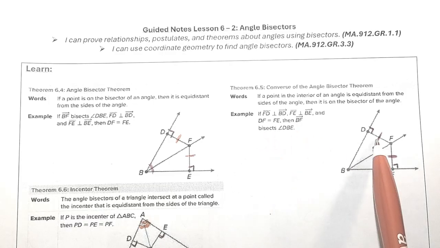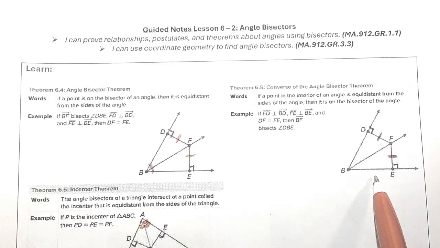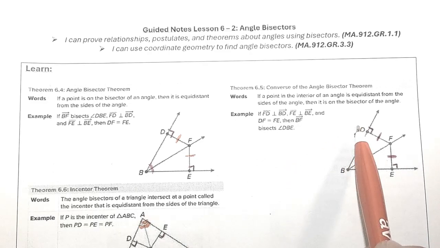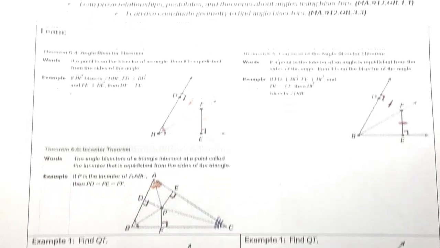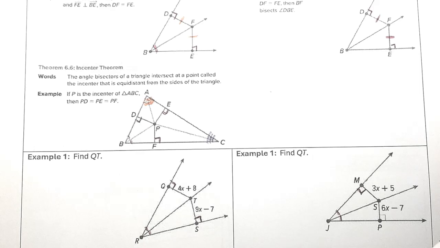So if FD is perpendicular to BD and FE is perpendicular to BE, and DF equals FE, then BF bisects angle DBE. I just said it backwards. That's where the whole P and Q statements we've spent so much time learning come in.